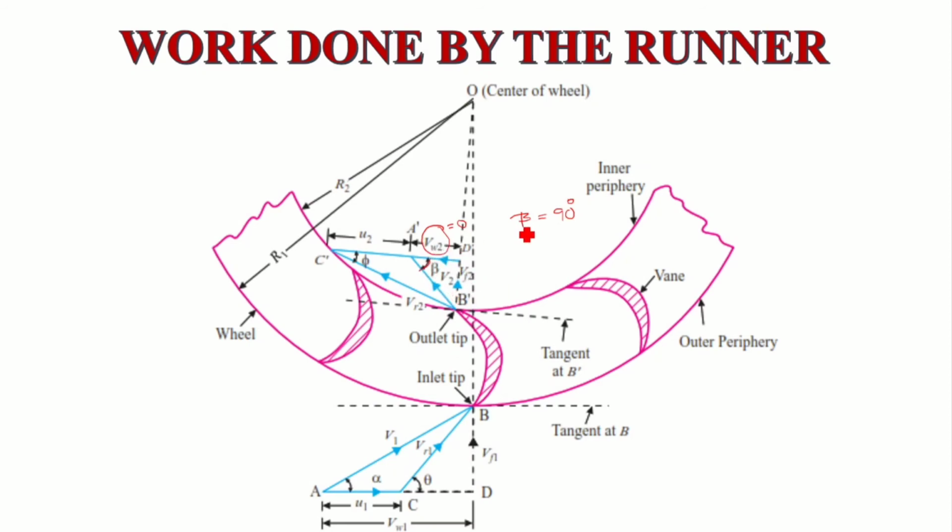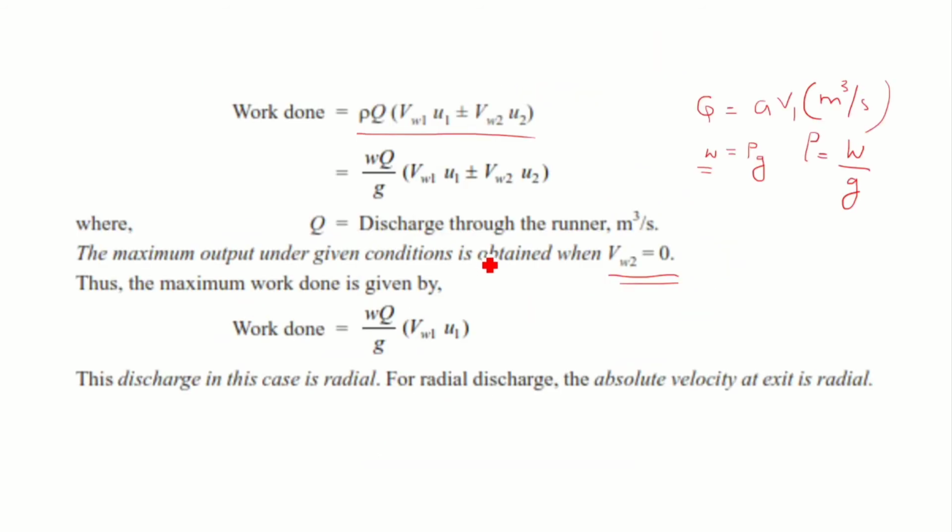So VW2 equal to 0 means the water is coming to the blades from this region and leaving the vanes at this region, leaving the blade radially. That is the significance of VW2 equal to 0. Thus, this term becomes 0.